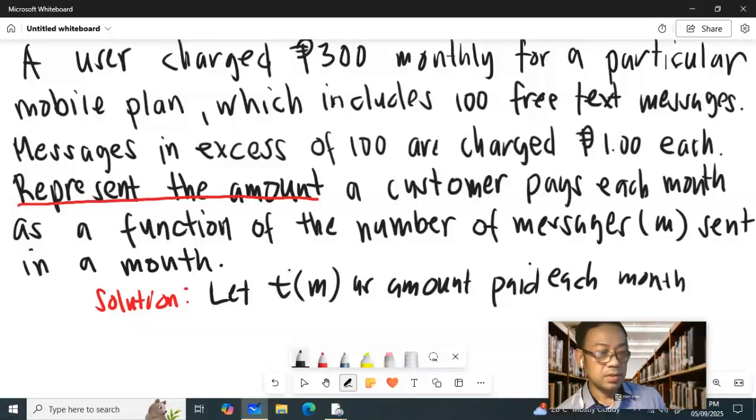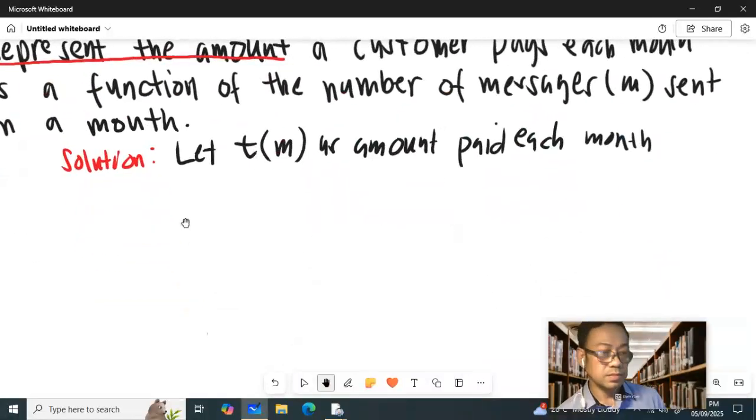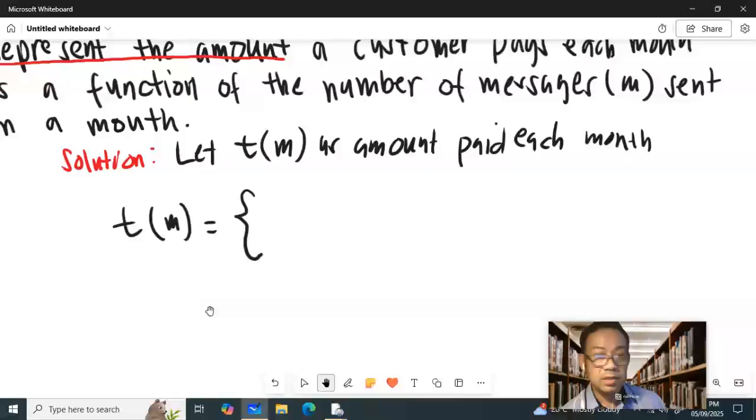Okay, so therefore we have t of m. So we say a piecewise function consists of two or more equations or functions. Now we're going to find each condition.